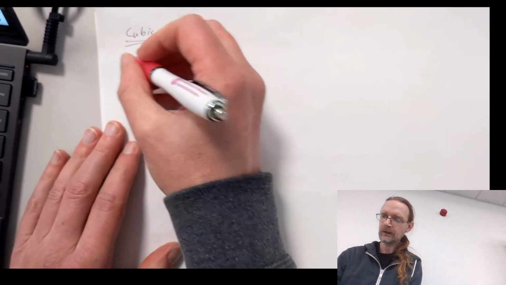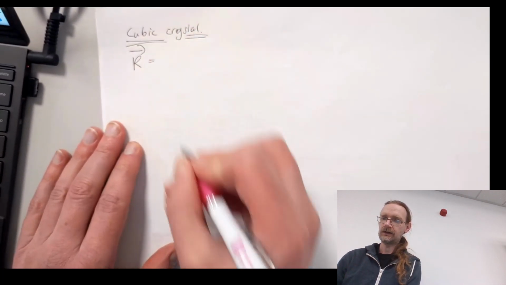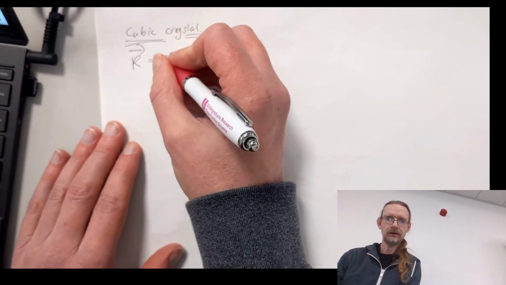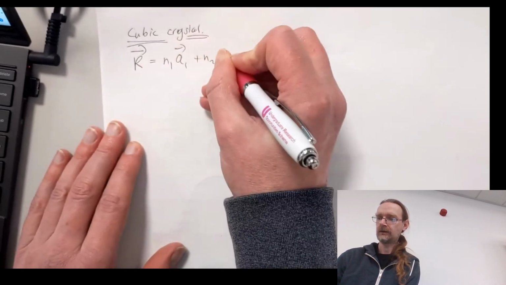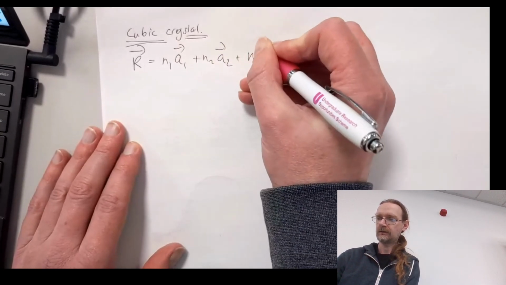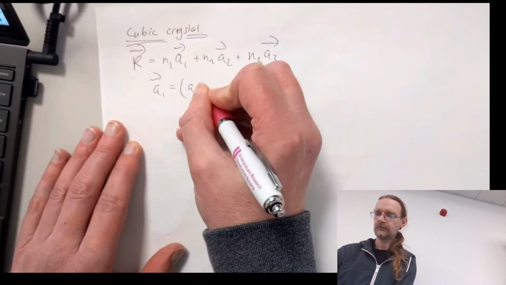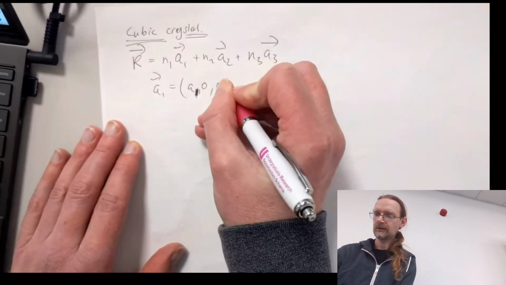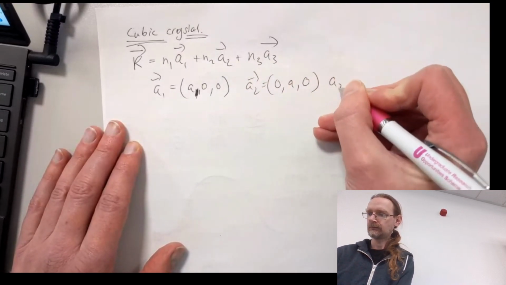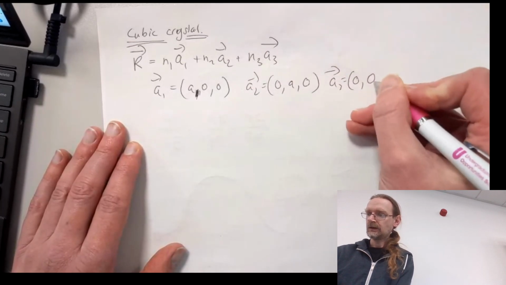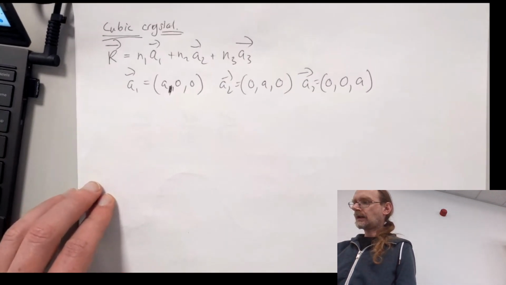And then our real space vector is formed from n1 a1 plus n2 a2 plus n3 a3, and our vectors are a 0 0, 0 a 0, 0 0 a. Do ask questions when I speak nonsense.